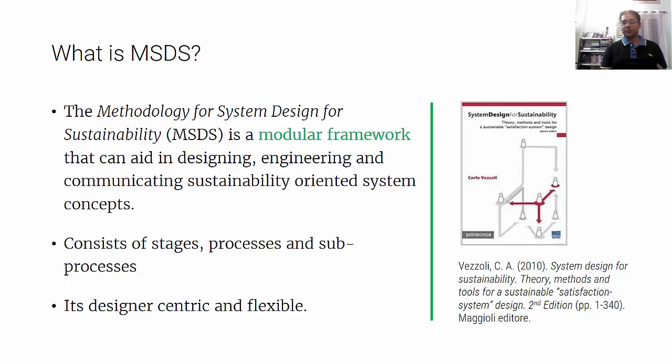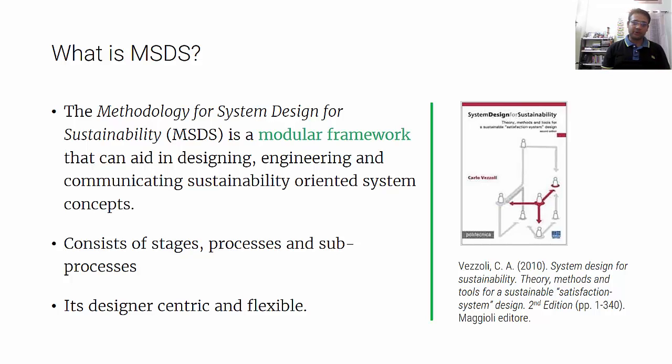Just to clarify a few terminologies, methodology for system design for sustainability is a modular framework that is proposed as an aid to designing, engineering, and communicating sustainability oriented system concepts. And this particular methodology has stages, processes, and sub-processes.